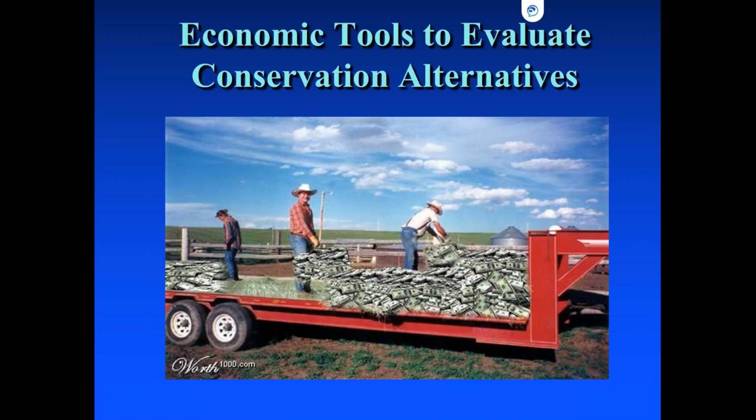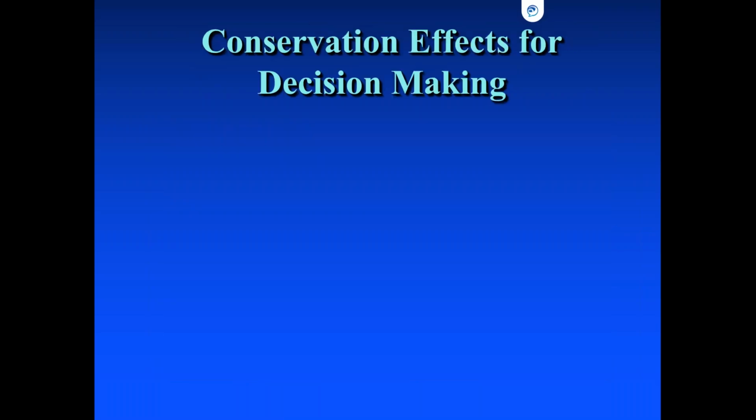So let's talk about some economic tools to evaluate conservation alternatives. The need for conservation planning is based on the notion that something is currently, or is expected to be, at a condition that is less than desirable.